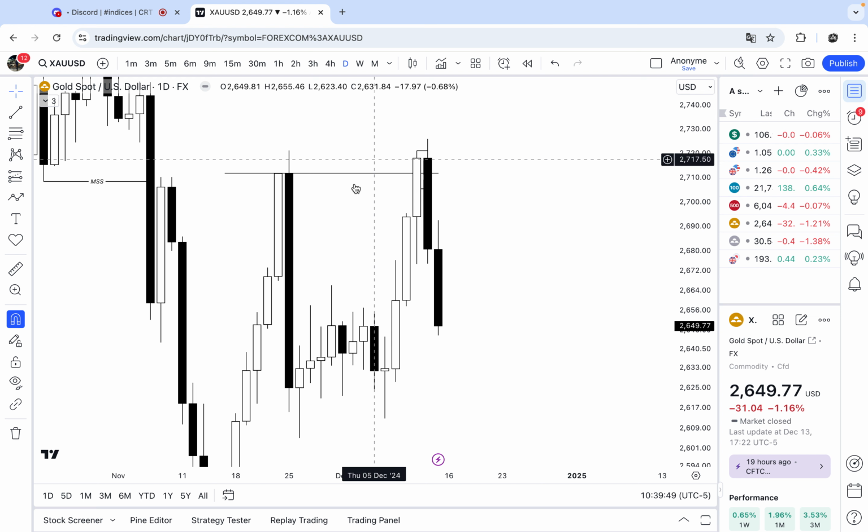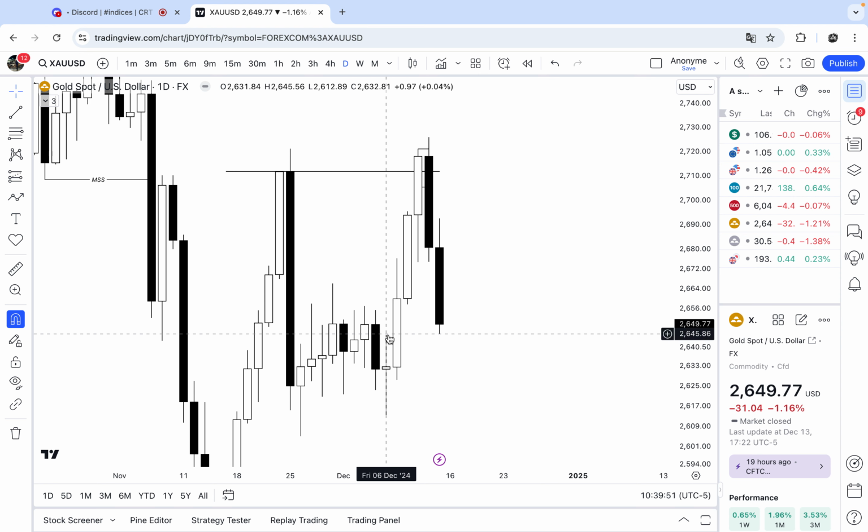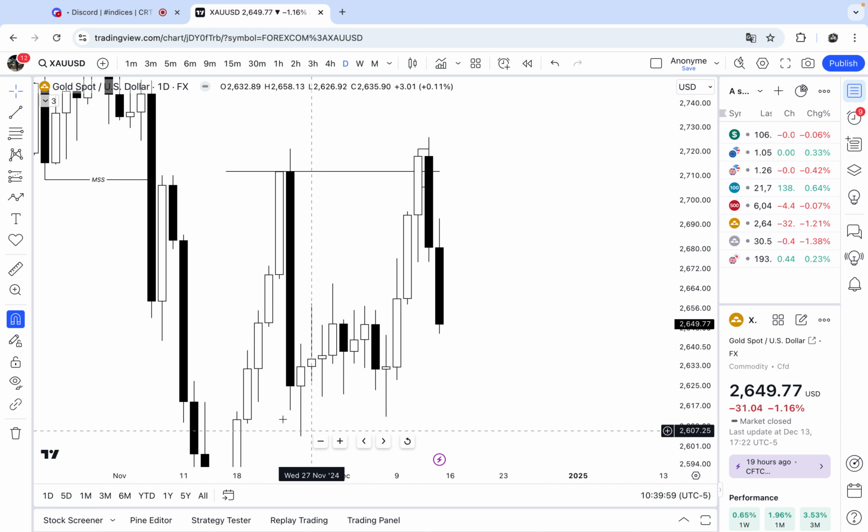I was looking for 2 CRTs. We were here, and I did not open any position till we took out this high or the last low.